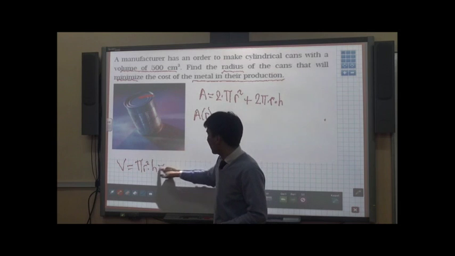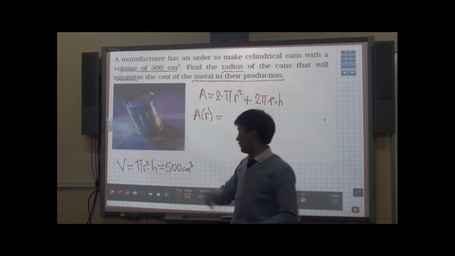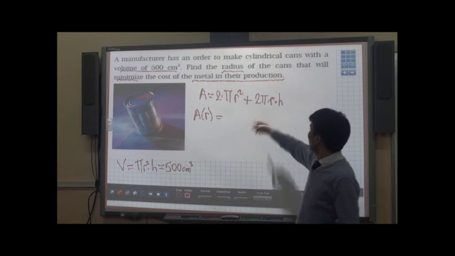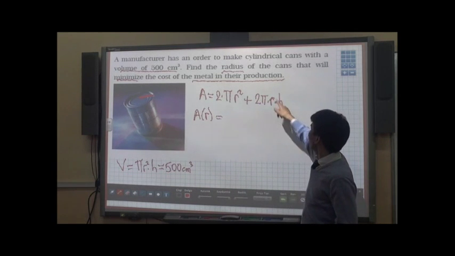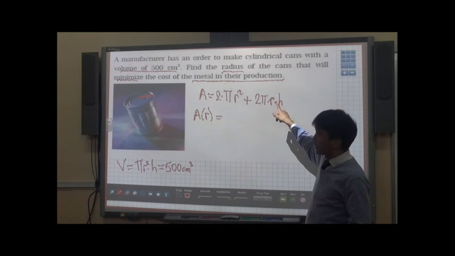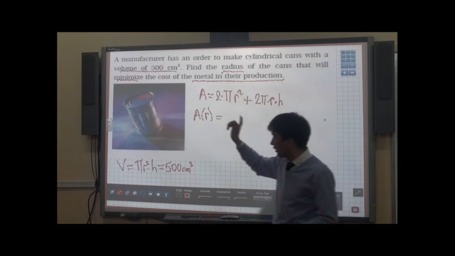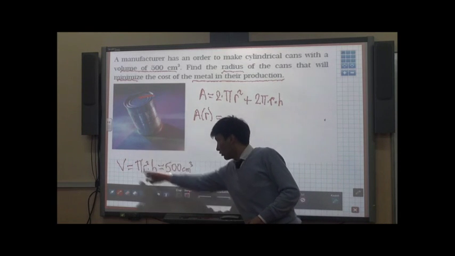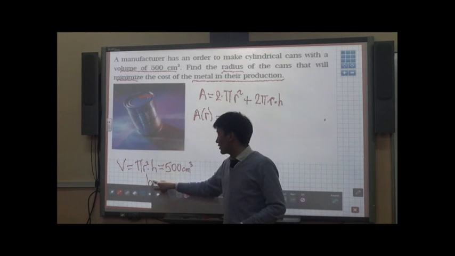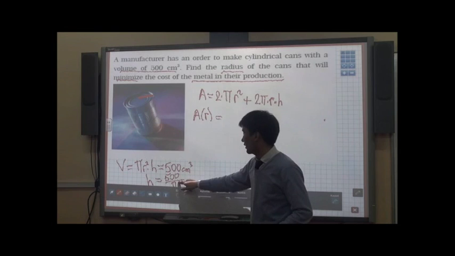It is equal to 500 centimeters cubed. Now I want to replace the variable h with r, so that this will be a function that depends on only 1 variable. We will use this information: h is equal to 500 over pi r squared.